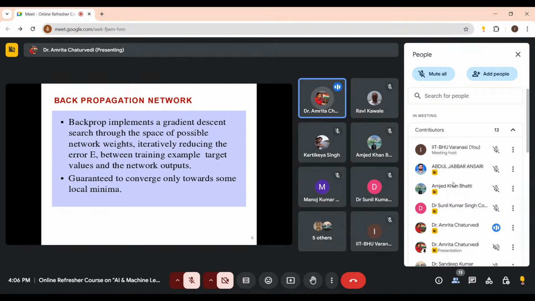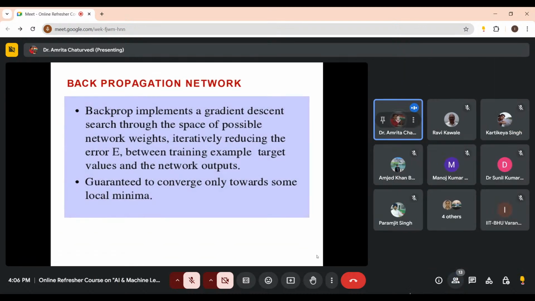feed-forward neural network. Another type, because we covered the perceptron, Adaline and Madaline in the last class. Another feed-forward neural network is your back propagation network. The name is back propagation because it tries to back propagate the error.